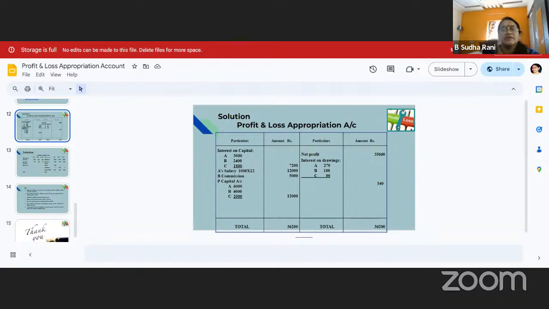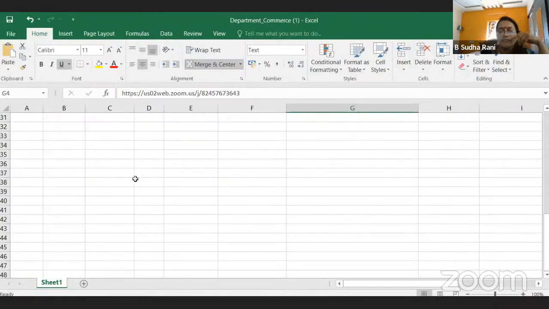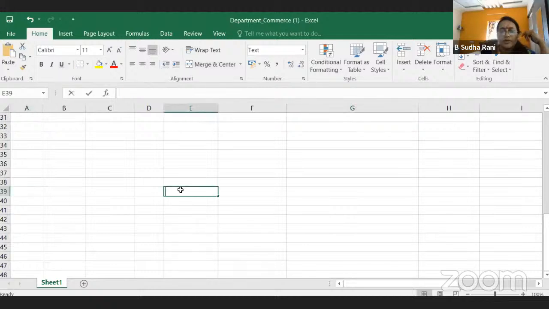I'll share the other screen. Is the screen visible?